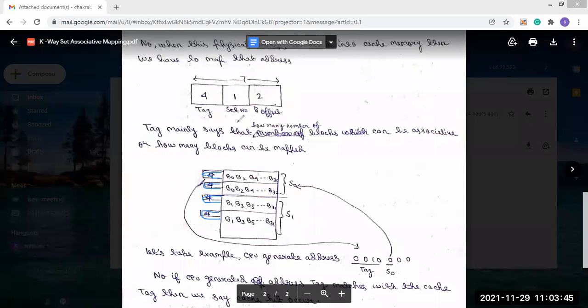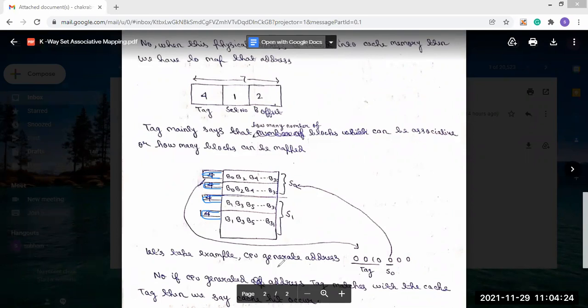Now if the CPU generates an address with a 4-bit tag, this CPU-generated address tag will be compared with the cache tag, and if these two are the same, then it is matched. If matched, then the tag will be removed, and the particular block which the CPU wants is present in our cache. So this will go to the CPU for execution.